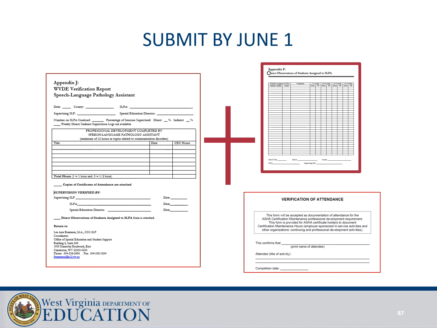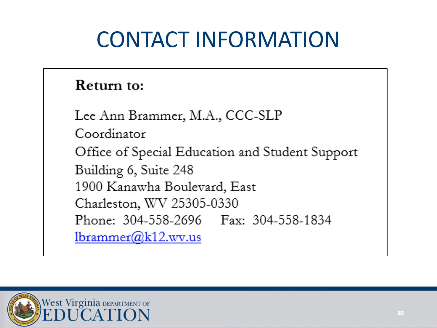You would include the direct observations of students assigned to the SLPA form and all certificates of completion and verification of attendance forms are attached, and support or document the 12 hours of professional development required by the SLPA. You would send this report to Leanne Brammer at this address or fax by June 1st.